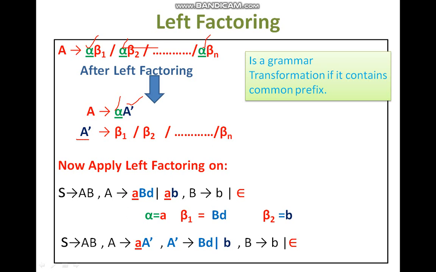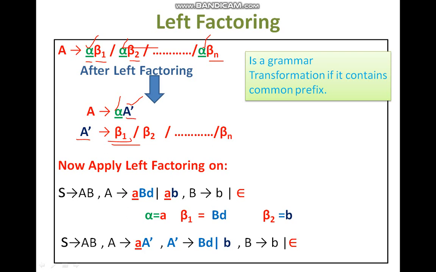Now A dash can produce beta 1. Why beta 1? Because here we have alpha beta 1. That's why A dash can produce beta 1, A dash can produce beta 2, and so on up to beta n. If you observe closely, if I put beta 1 in place of A dash, I get alpha beta 1.